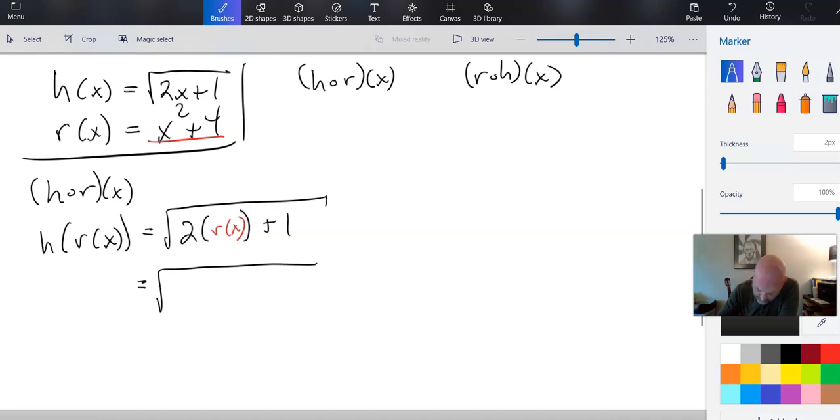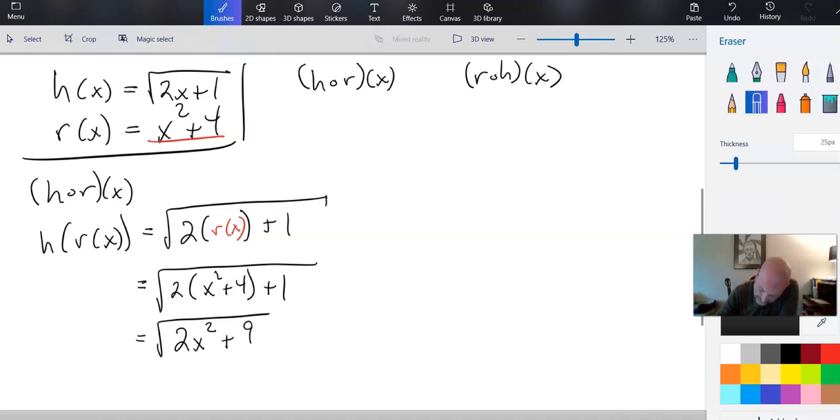So let's take the square root, and that's 2 times x squared plus 4, plus 1. Let's go ahead and distribute that. So that's going to be the square root of 2x squared, and then that'll be an 8, and then plus 1 makes it 9, plus 9, and I'm taking the square root of that.